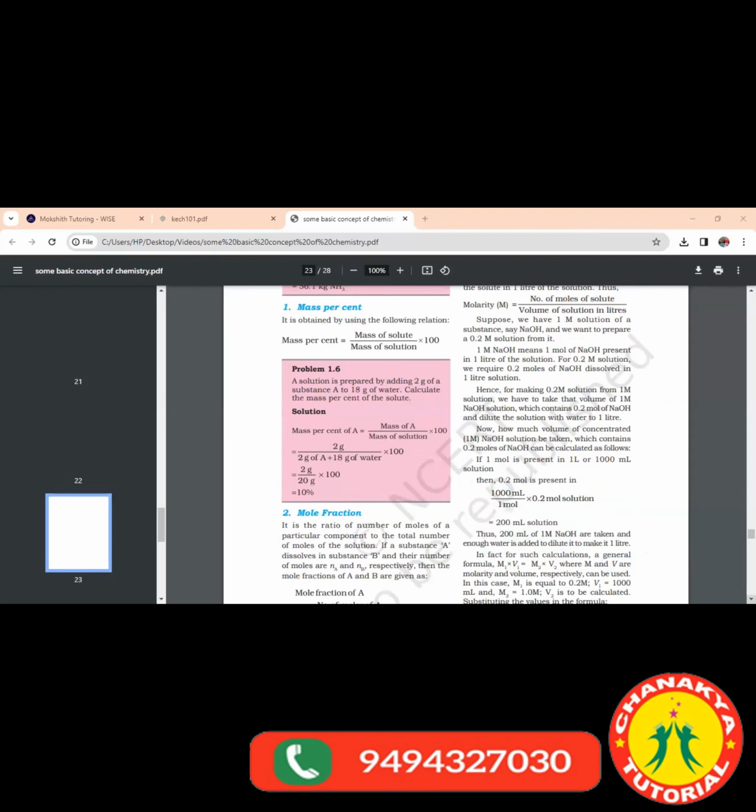You will get 0.2 molar NaOH. And for such a calculation, a general formula is given. Please note it down, which is important.